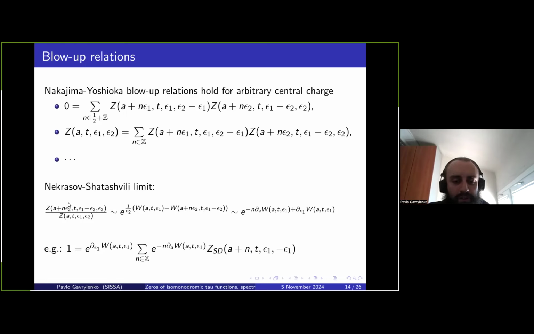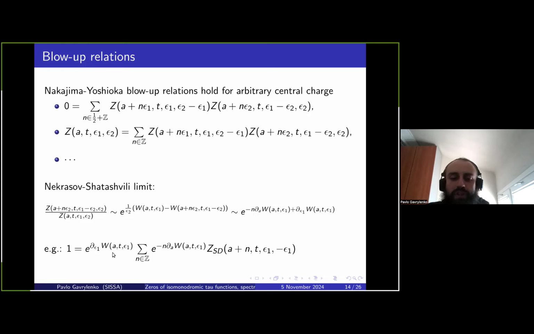If you look at the term that becomes Nekrasov-Shatashvili, then we see that there is some singularity in the exponential, 1 over epsilon 2, and we need to expand all the other terms around this singularity. So we see that there are two terms of this Taylor expansion that give some finite contribution, the pole term cancels, and we have minus n dA of W.